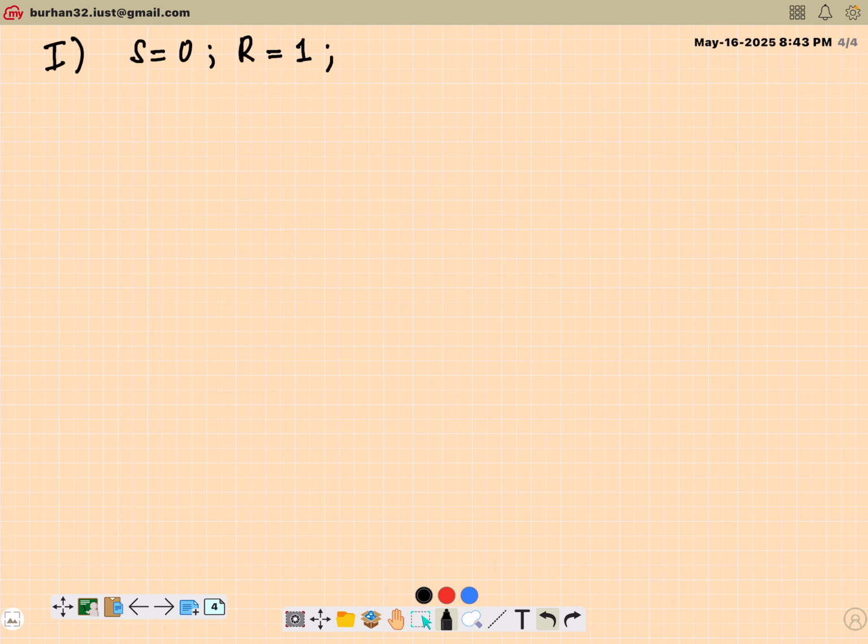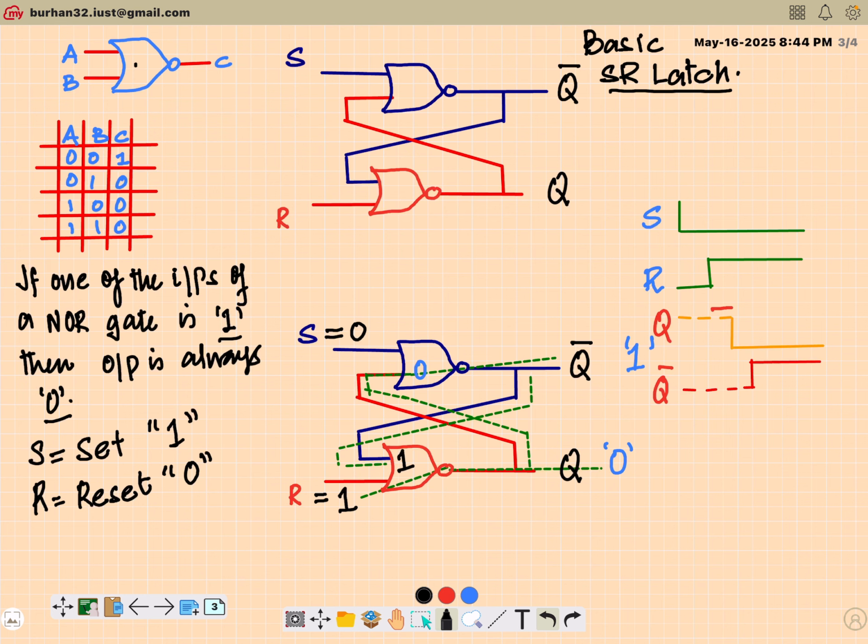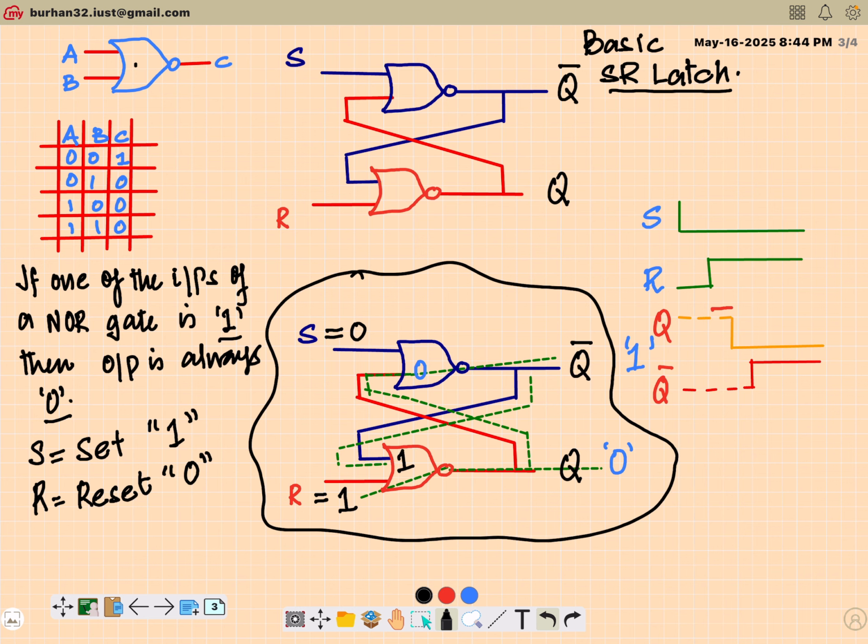So first of all, it triggered Q. So we'll actually show it like this. Q changed to 0. Then that Q was fed back to the upper NOR gate, which triggered Q bar equivalent to 1. Right? Now, immediately after this, I will keep S as it is. Fine. And R, now I will change it to 0. Fine. Immediately after we have achieved this state, I will make this state.